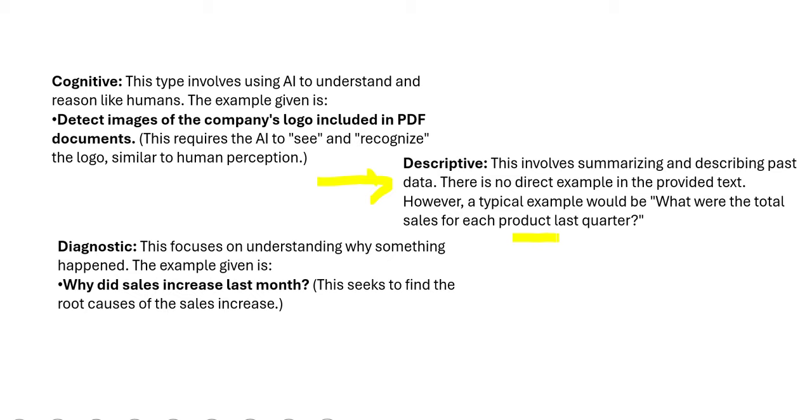Diagnostic is about the same thing I explained. Once you get the total sales, is it good? Is it bad? Is it ugly? Is it awesome? It is good but not great. So it asks the question, why did the sales increase last month, for example? Or in our case, why is it good and not great? So it is trying to diagnose something.